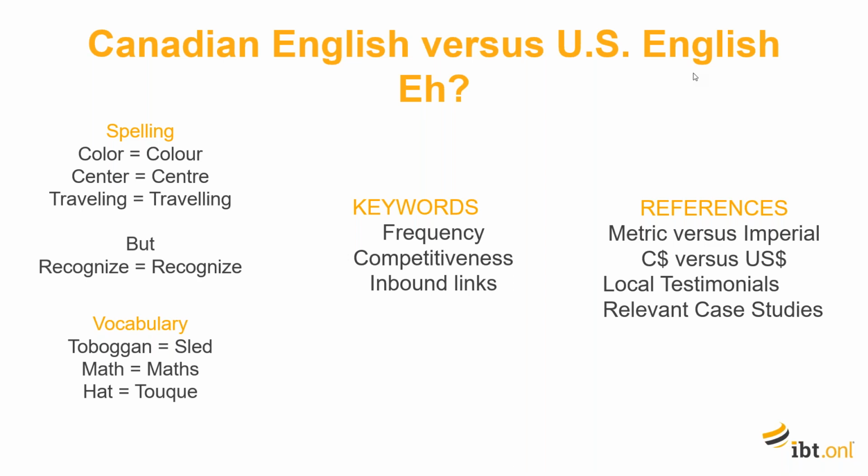The keywords that are working well for your Pennsylvanian company in Pennsylvania may not be working well for you in the Maritime provinces. And you've got to figure out what keywords are used in the Maritime provinces if you're targeting that area as an export reference.